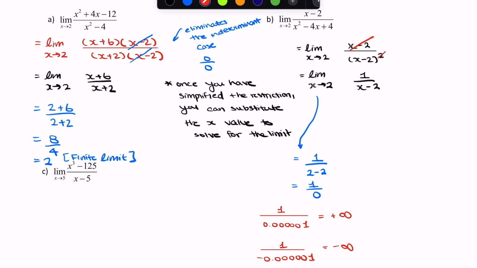And so if we look at this graph here, if we draw one for ourselves, we see that there will be a vertical asymptote at x is equal to 2.